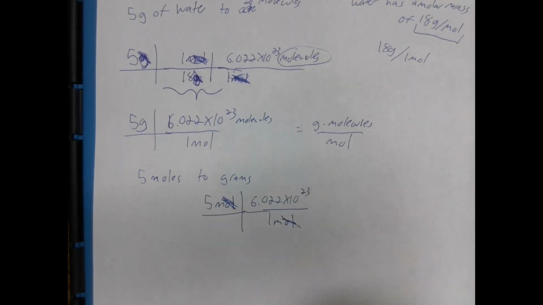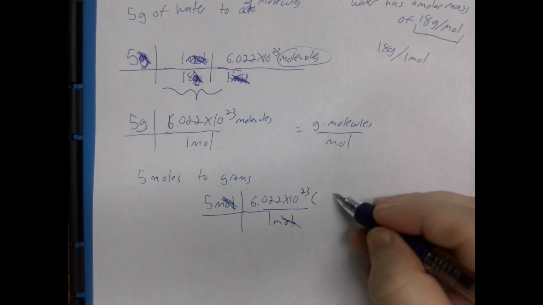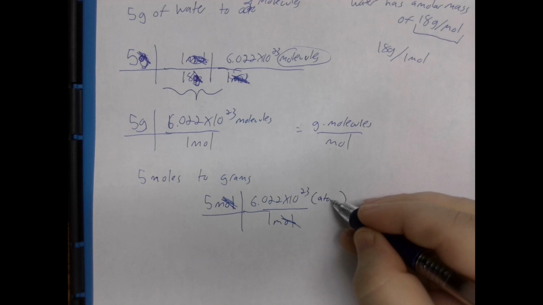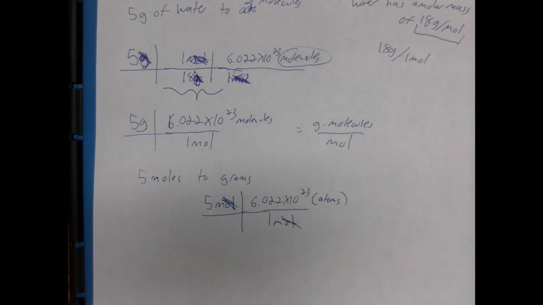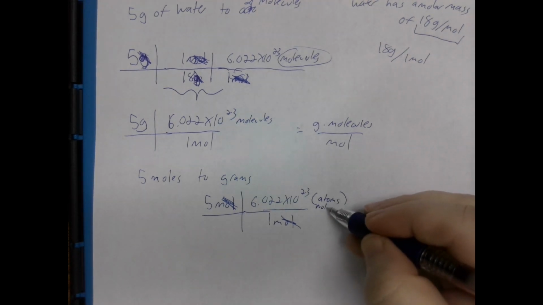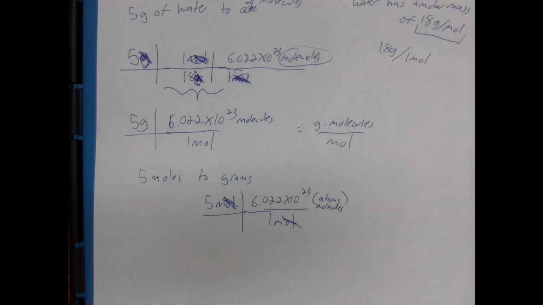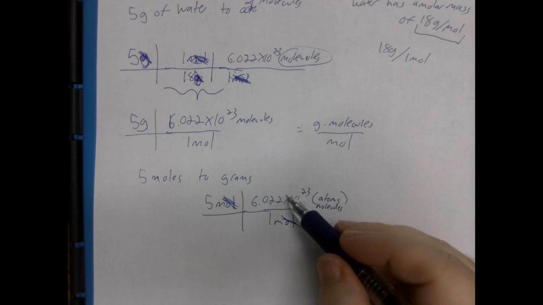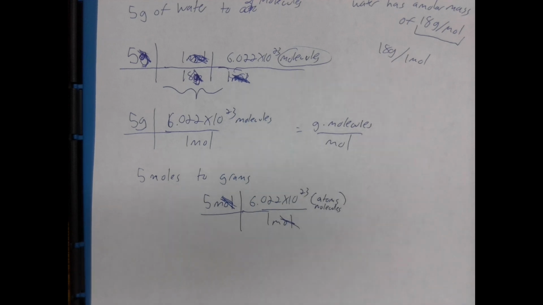Yes, mole cancels out, but what unit should be attached to 6.022? Atoms, or molecules, not grams. This is the counting number that tells you how many atoms are in a mole or how many molecules are in a mole.